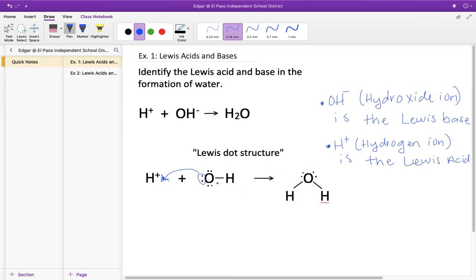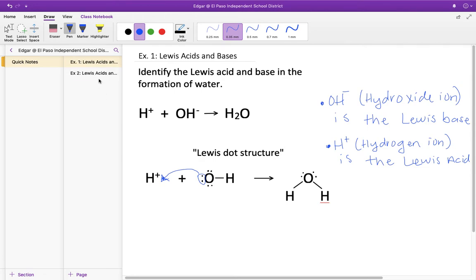Remember, hydroxide ion donated the pair of electrons to hydrogen, so pair of electron donor, pair of electron acceptor. Lewis base, Lewis acid.